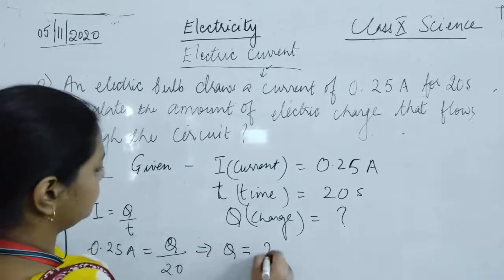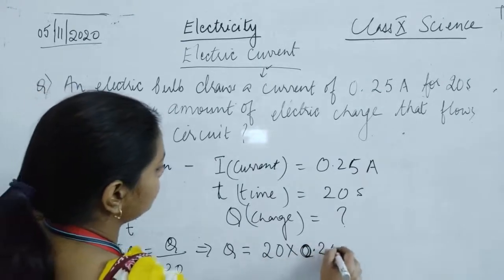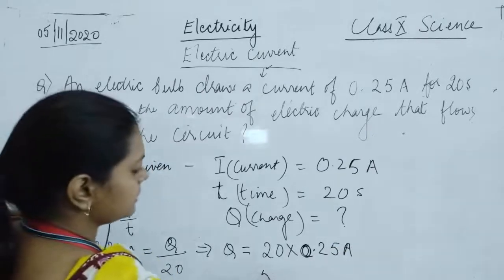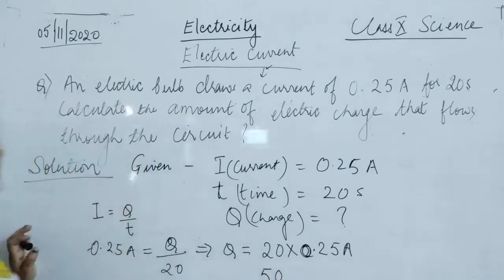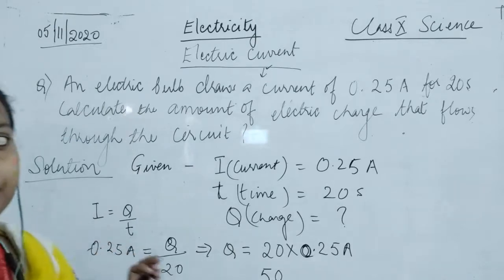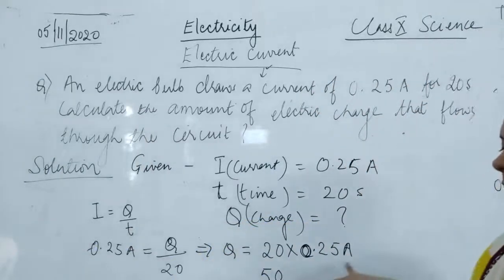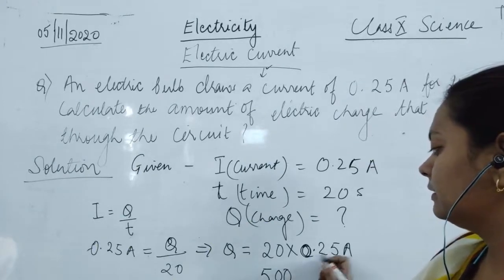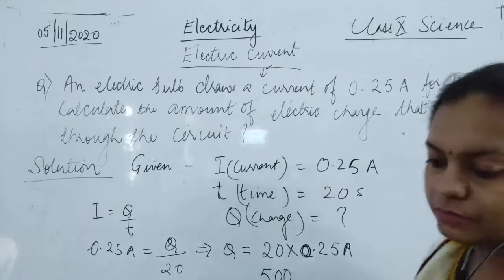Q is equal to 20 into 0.25 ampere. Okay, so 25 twos are 50, that is 25 into 2, that is 500, and with the decimal, it becomes 5 ampere seconds, 5 coulomb.